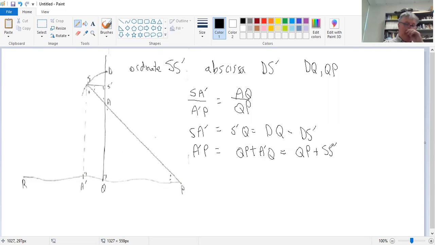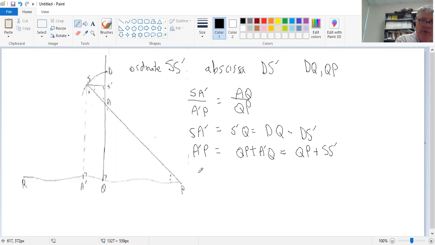Okay, so that's good. That gives us the first relationship there, the ratio that we have, and we can put that in terms of information that we need to use.